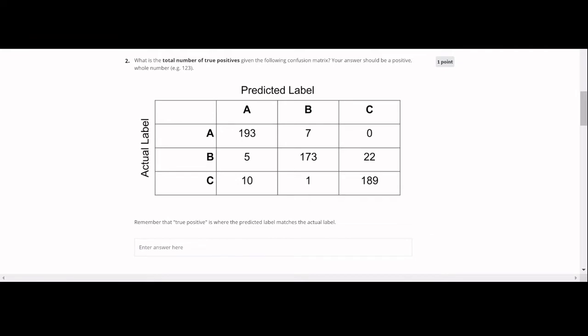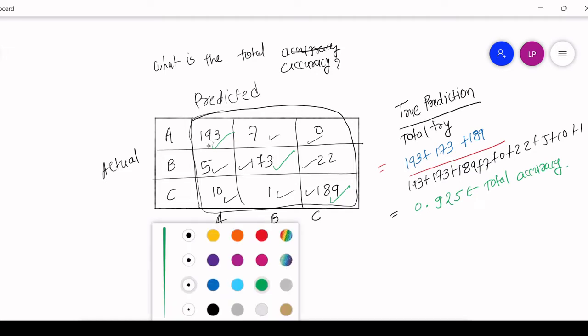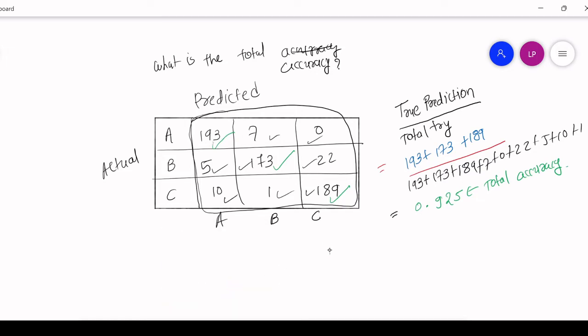The second question here is the total number of true positives. What is the total number of true positives? So we can just go to this table and see what we can do. What is the true positive? The green numbers here are the true positives: 193 plus 173 plus 189.